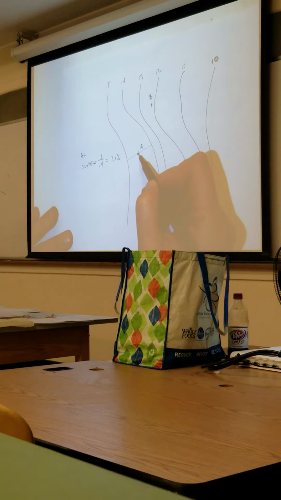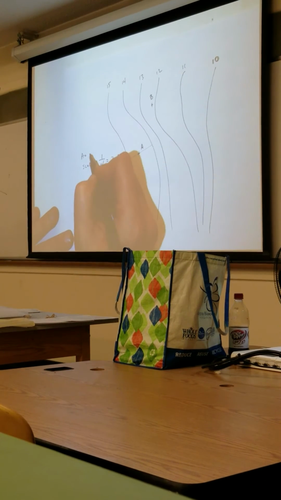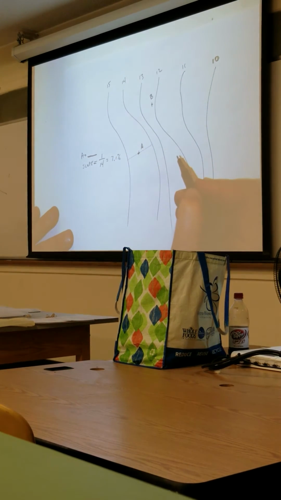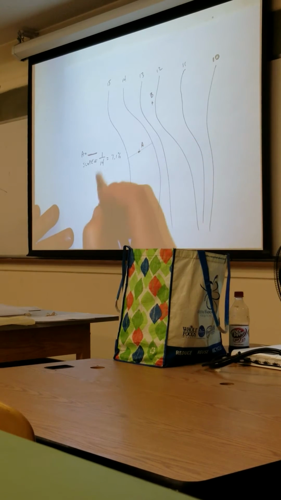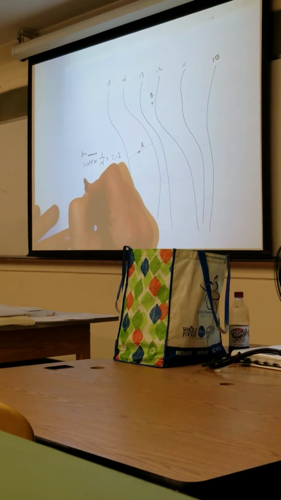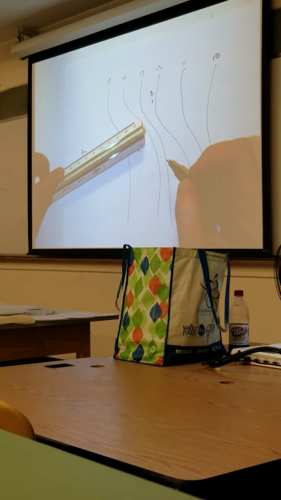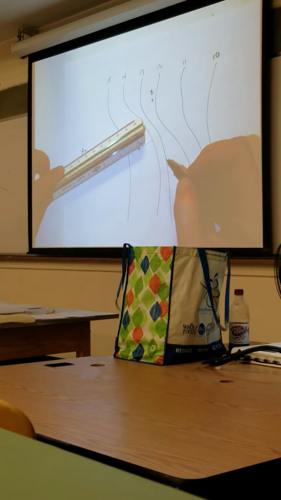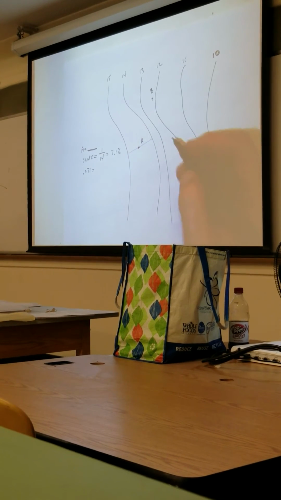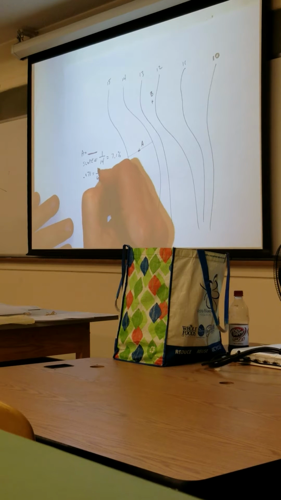Okay, but now I want to find A. So that's what I want to find. Now that I know my slope, 0.071 is equal to the distance, which is 6 feet, over x.